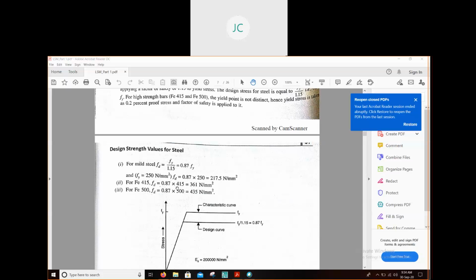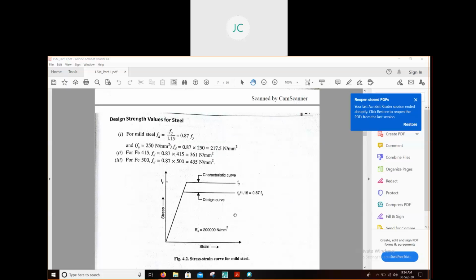So here, you can see the design stress values. For mild steel it is 0.87 Fy, and for mild steel Fy is 250, so 0.87 into 250. For Fe415, same formula, 0.87 into yield stress, which is 415.